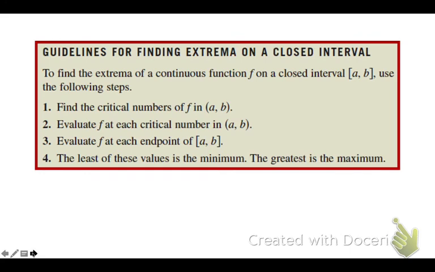So, nuts and bolts of what you're going to be doing today is right here. Guidelines for finding extrema. You are going to be looking for extrema. On a closed interval a, b, these are x values. You need to write that if you don't know. You're going to find critical numbers by finding the derivative, correct?